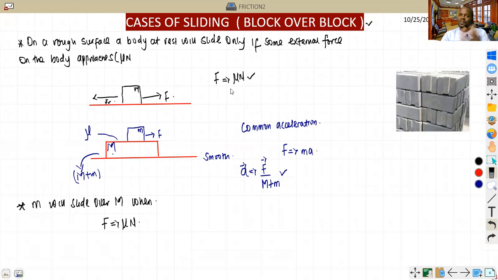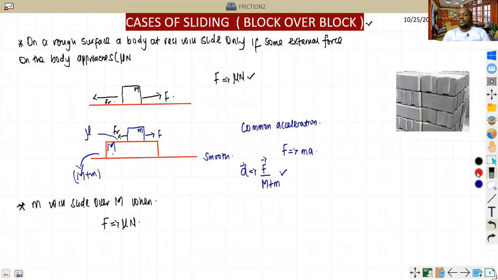This is the major concept in the case of block over block. A body will slide over another body when the force acting on it is very close to the value of the frictional force, because friction exists at this point.